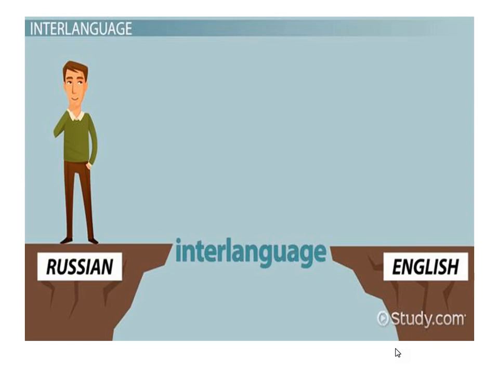Between L1 and L2, there will be another system that is developed from the learner's habit of learning. That means the learner learns something that is not quite similar to L1, not quite similar to L2.